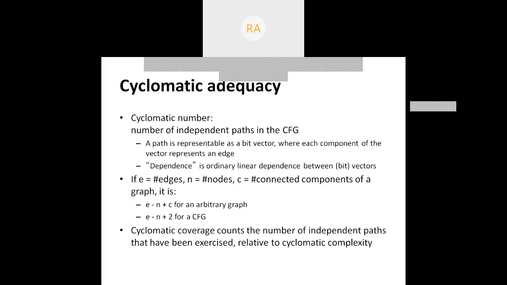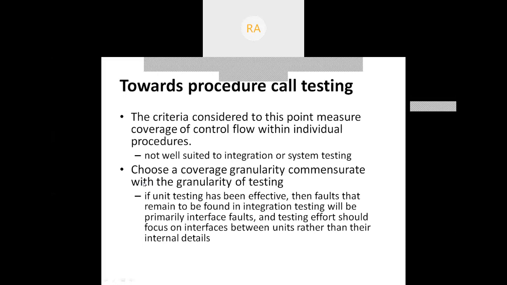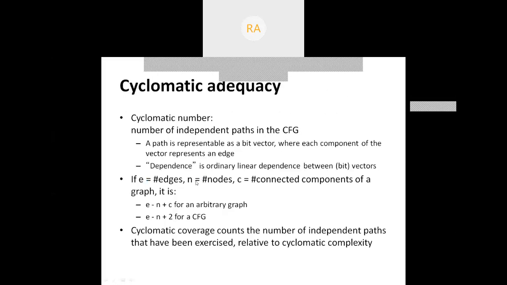And how do I compute it? What is the formula for computation of cyclomatic complexity? If you have edges denoted by the letter E, nodes represented by N, and C as the connected components of the graph, then for any arbitrary graph, the formula is E minus N plus C, where C is the connected components of a graph.